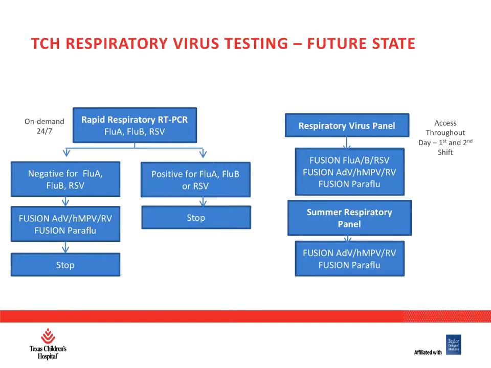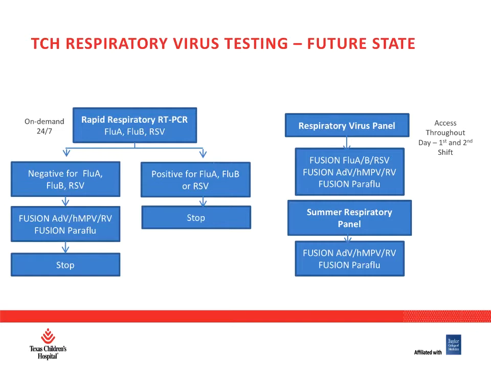So with this type of capability, where I see our future state for respiratory virus testing going, I think we're going to keep our rapid flu and RSV PCR that can be done 24/7 on demand. But now we want to have the broad respiratory panel capabilities, which we can have with the Fusion by running all 3 mini panels at the same time.